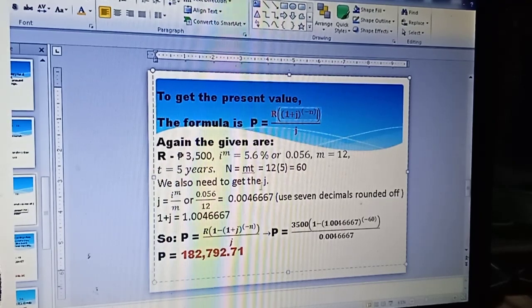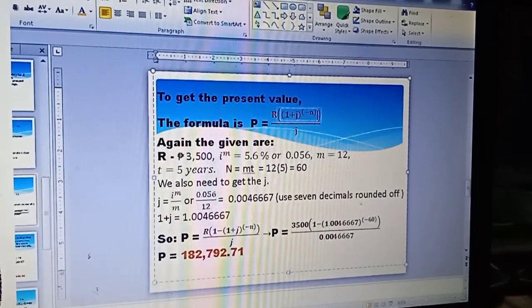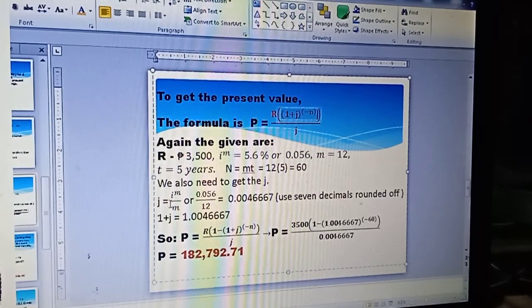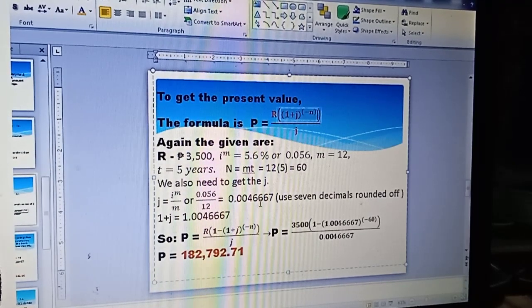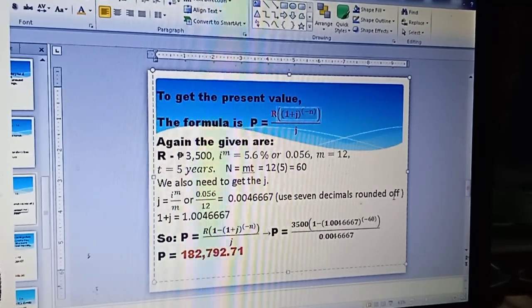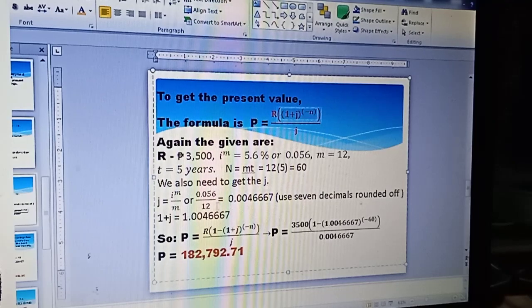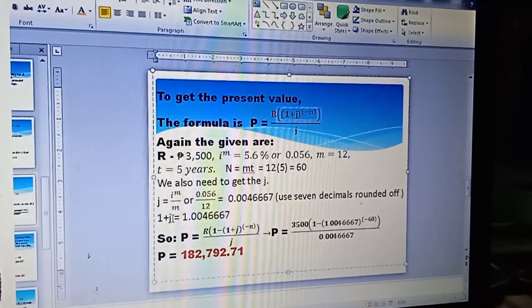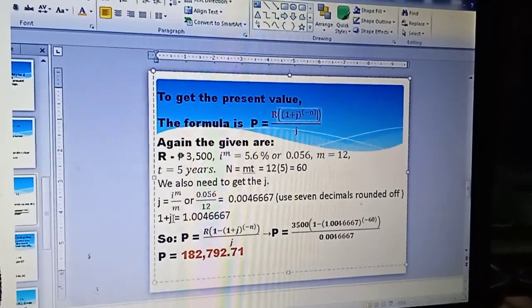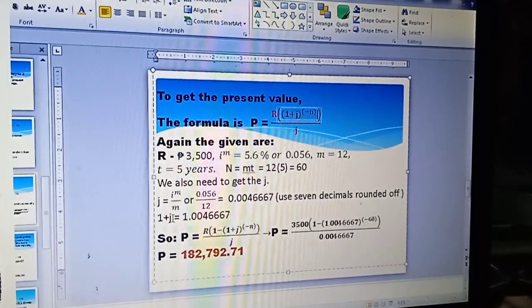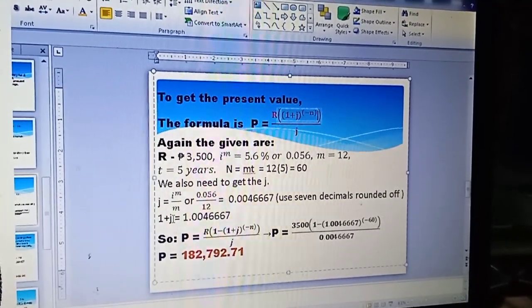So we need to get the j, and j again is equal to 0.004667. Again, we use these 7 decimals rounded off so that we will have a negligible disparity due to rounding off of decimals.